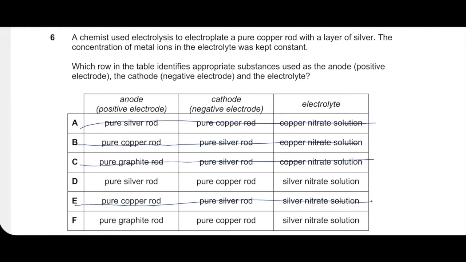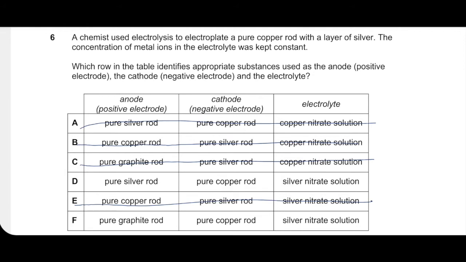The anode's purpose in this form of electrolysis is to replenish the silver ions in the electrolyte and provide electrons. So at the cathode, the metal ion can be turned into a metal by gaining an electron.